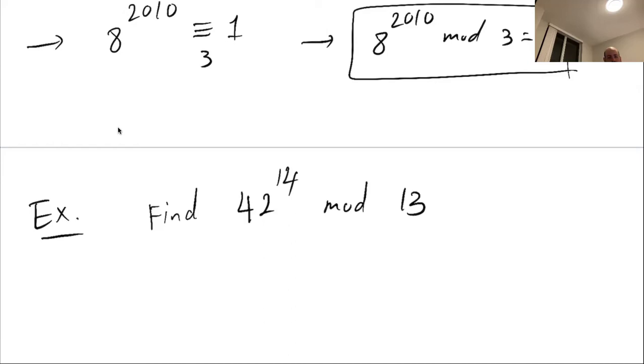So again, this notation means what? It means we want to find the remainder of 42 to power 14 when it's divided by 15.